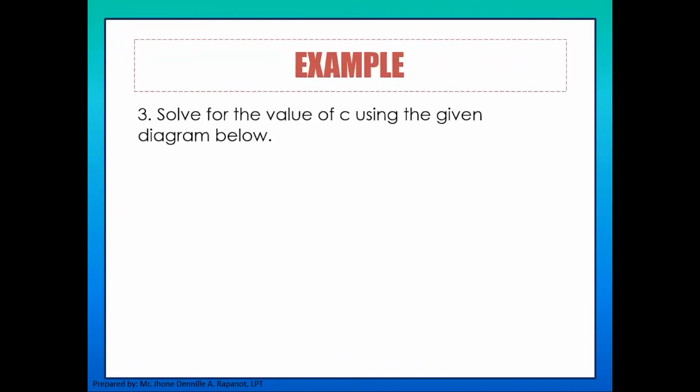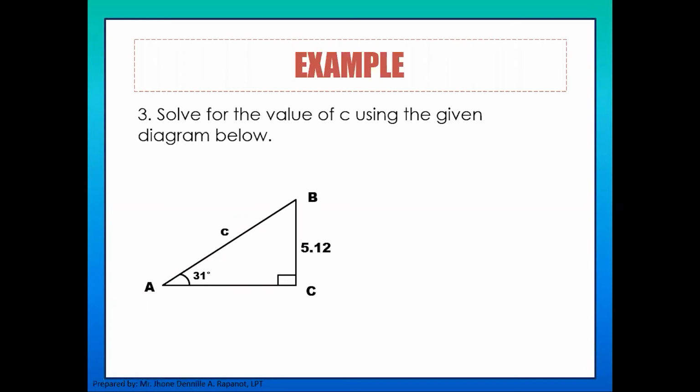Here, we have to solve for the value of C using the given diagram below. Here's the diagram. What you've noticed is that we don't have a value for C. We don't have a value for the other leg, which is leg B. And we only have a value for leg A, which is 5.12.